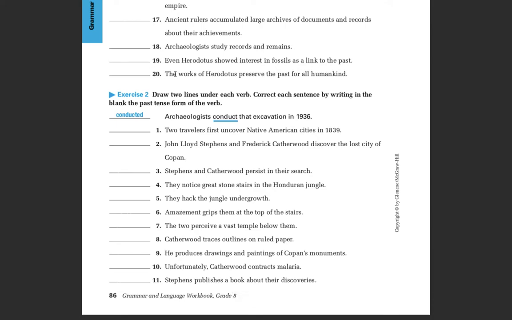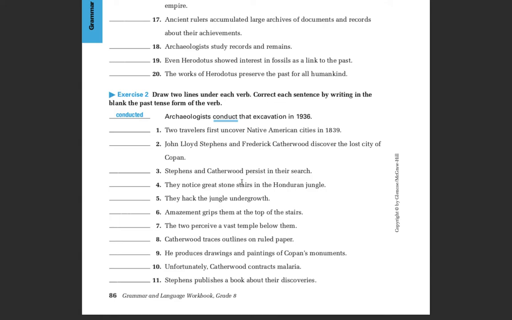Now number 2 says draw two lines under each verb. Correct each sentence by writing in the blank the past tense of the verb. Also here we need to double underline the verb. But the verb is in the present form and they want you to put it in the past form, because all of these have occurred in the past, so we need to change them to the past tense.